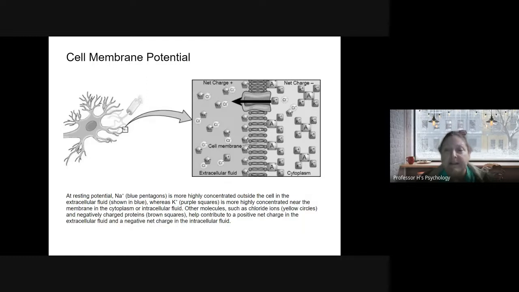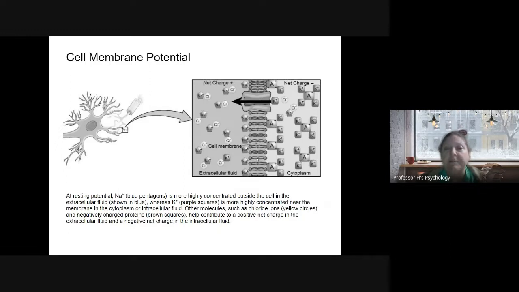But basically, this lipid bilayer is what makes up the cellular membrane. This membrane is keeping the cytoplasm, which is the fluid inside of the cell, separate from the extracellular fluid, which is the fluid outside of the cell. That's its main job: to keep the inside of the cell separate from the outside of the cell.